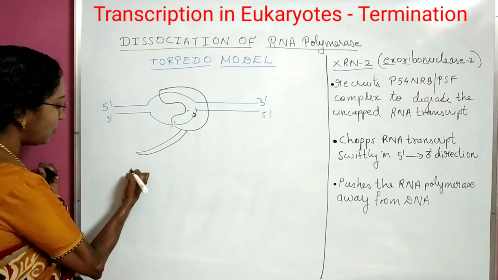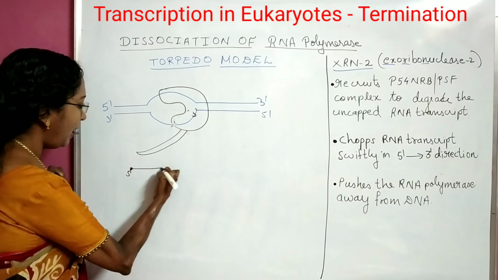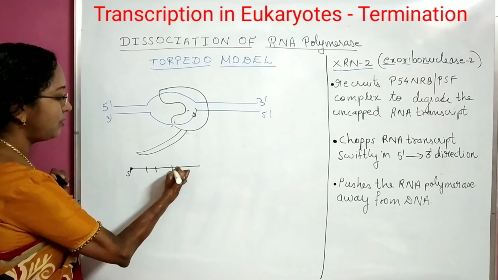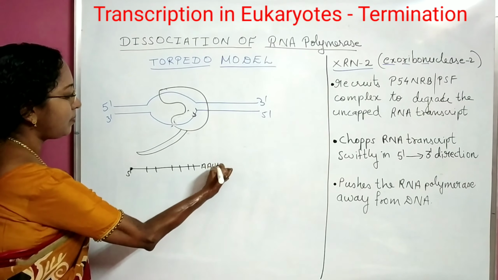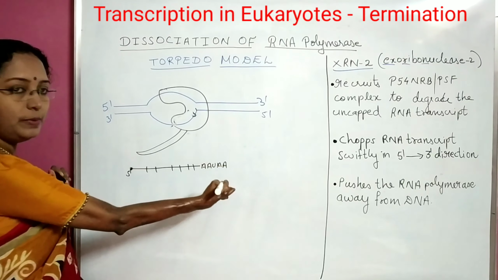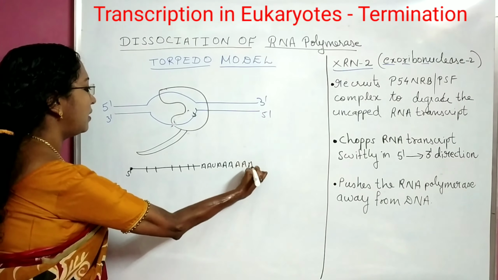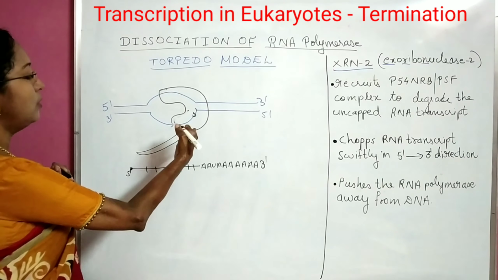Now this RNA was having a cap in the beginning, at the 5' end, and it is having exons and introns here, and then at the end it is having a termination signal followed by a poly A tail.